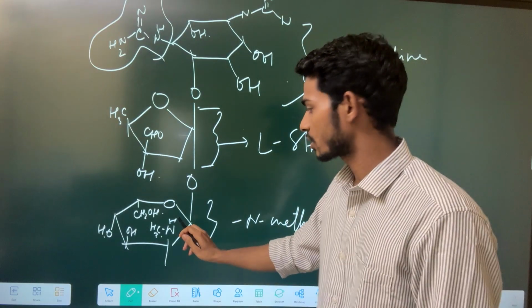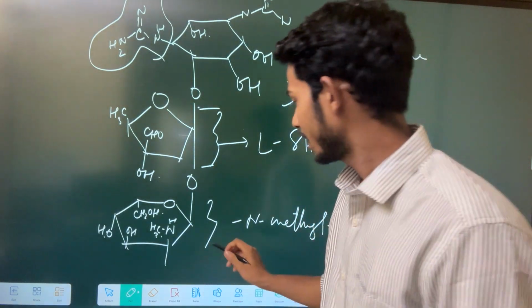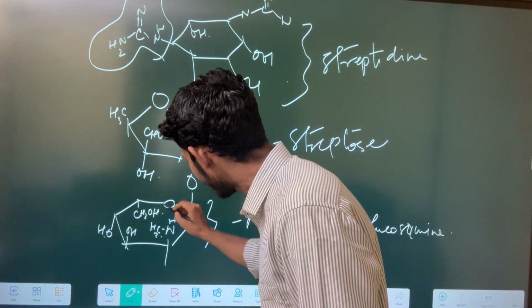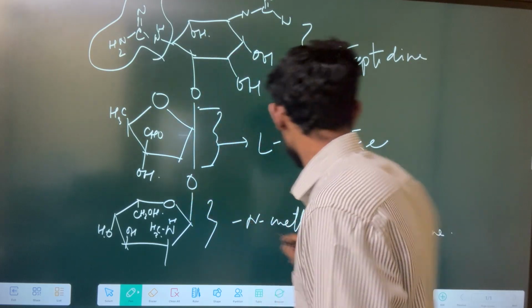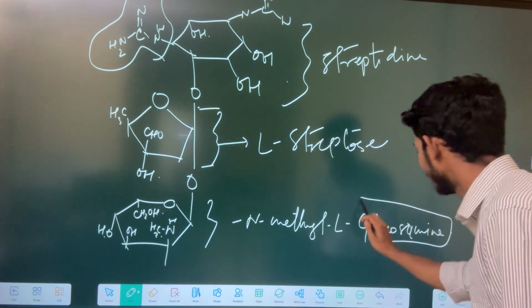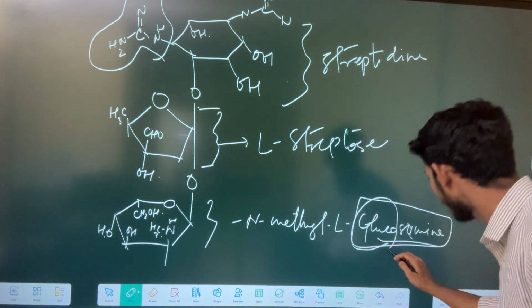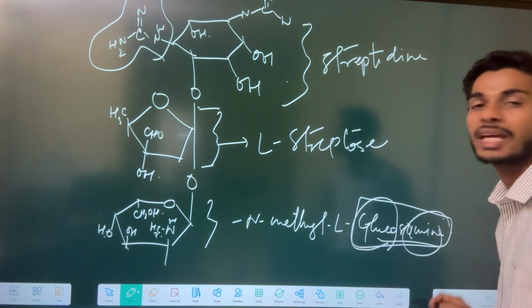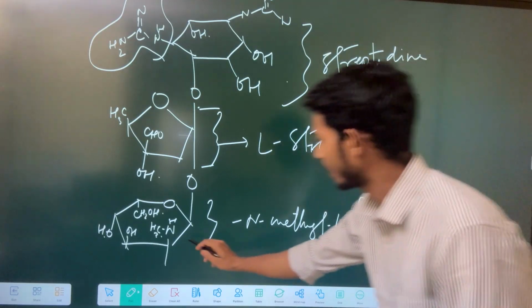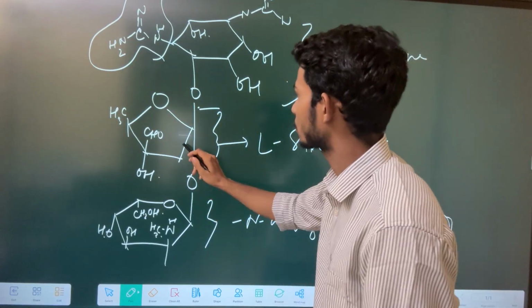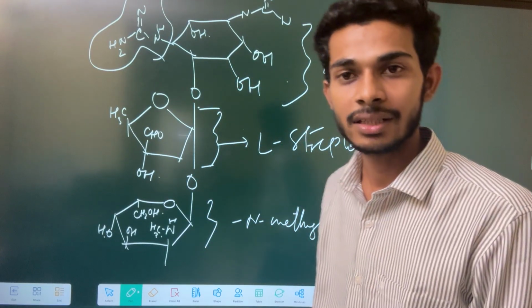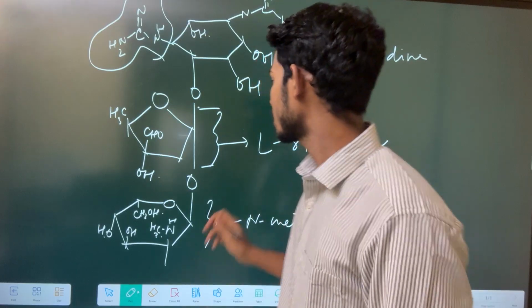So this one is glucosamine. Glucosamine means in this, see, an ether group is present, yes or no? So this is glucosamine. That means amino sugar. Gluco means sugar and samine means an amino group is also present. So that is amino sugar. That is also amino sugar. And what is that? A 6-membered structure. Okay, so this is very important.